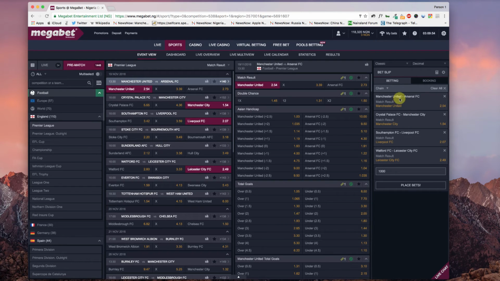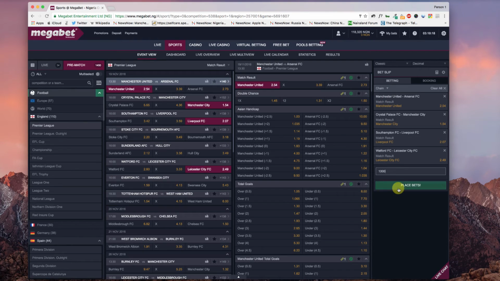That way, your chain is not broken, because if your first bet loses, your chain is broken. So for you to stand a good chance of seeing your chain through and making maximum profit, it's important for you to put the most likely result first, and follow that order.